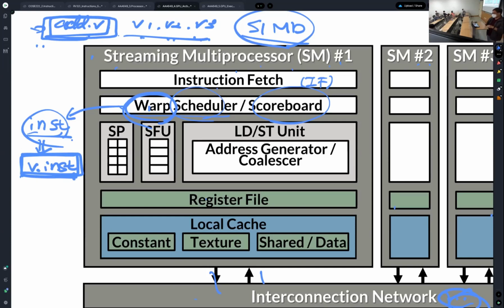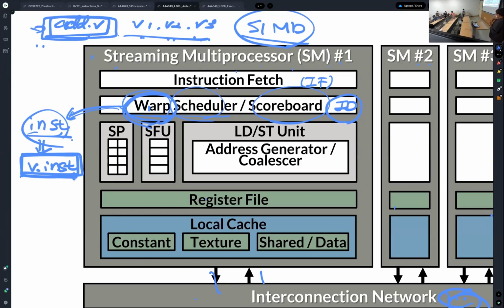But in a GPU domain, the scoreboard checks the availability of warps. We can think of a warp as the vector type instruction. So the warp scheduler and scoreboard are the instruction decoding part or issue engine of the CPU domain.